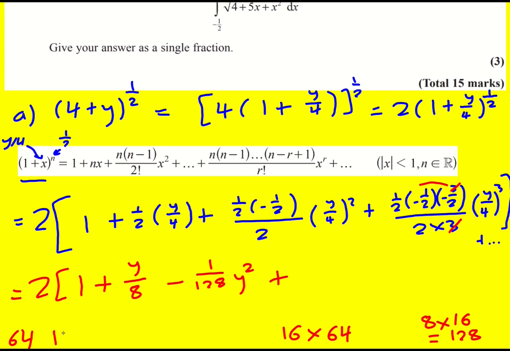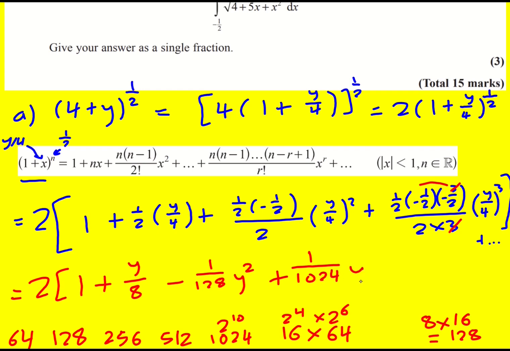So 64 times 2, 64 times 4, 64 times 8, 64 times 16 is going to be 1024. Actually, that's also 2 to the power 10. That might have been an easier way to do it. 2 to the power 4 times 2 to the power 6. Anyway, however you get it, it's going to be 1 over 1024 y cubed.